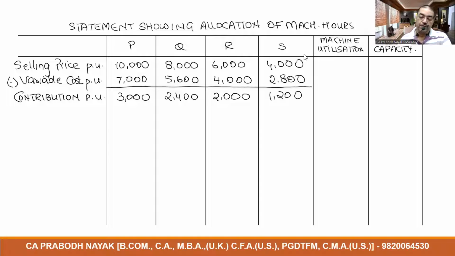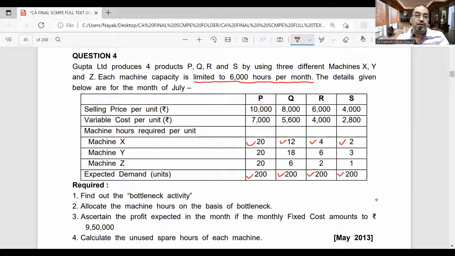Now what we'll do is machine Y should be taken as a basis. So I will be writing time required in machine Y, and on the basis of that, we have to do the allocation. So time required in machine Y: 20, 18, 6, and 3 hours per unit of each of the four commodities.